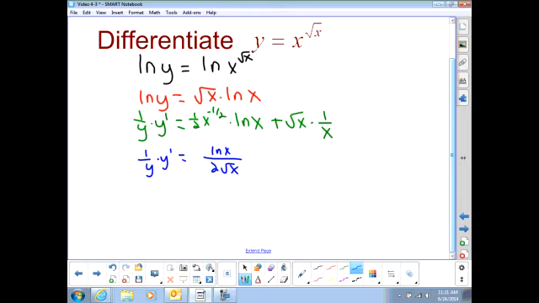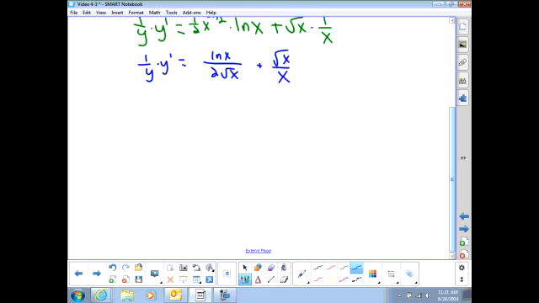And then we'll have plus square root of x over x for the second one. Now I would say just leave this as is. Multiply both sides by y, so we'll get y prime equals y times natural log of x over 2 square root of x plus square root of x over x.